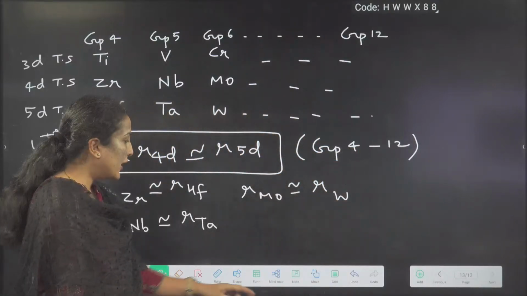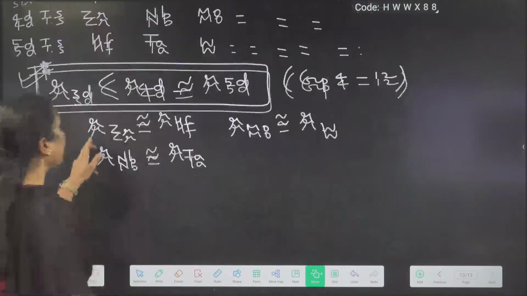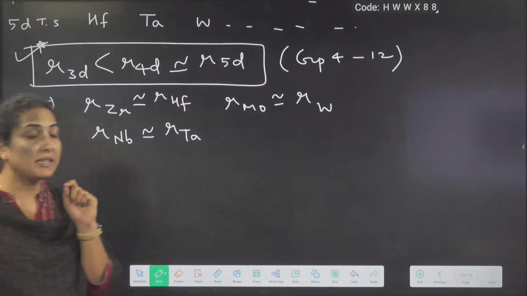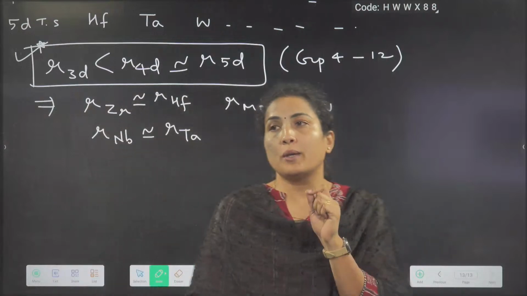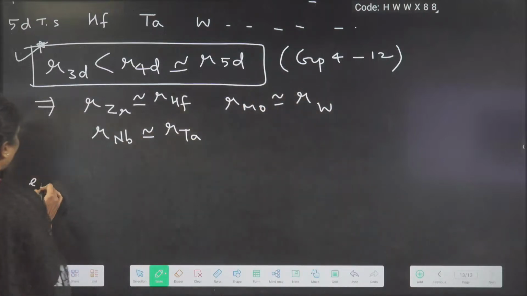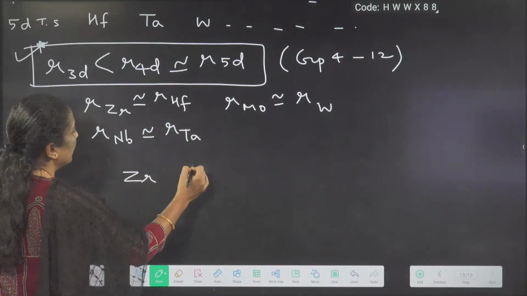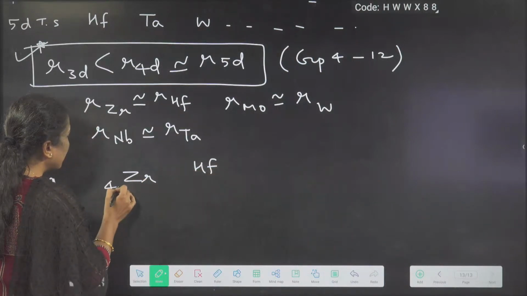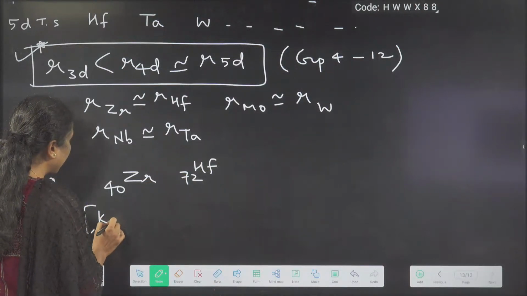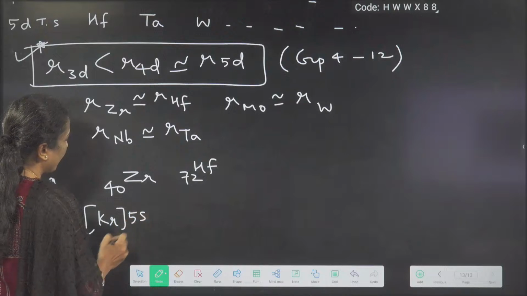Okay? Now let us try to quickly understand what is happening in this 4D and 5D, why their sizes are becoming same even though you are having shell increasing over there, right? So let us take example of zirconium, hafnium. Zirconium is 40, hafnium is 72. For zirconium, the configuration will be krypton. Krypton marks the ending of 4th period.